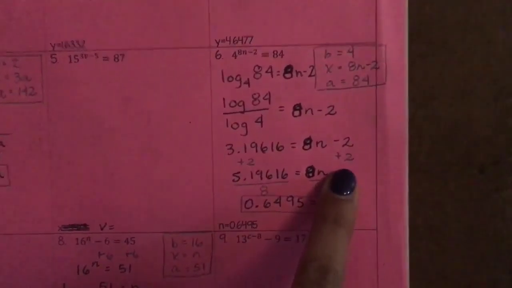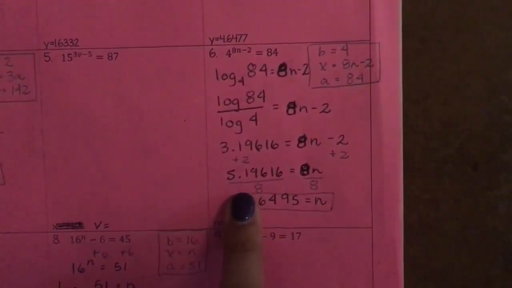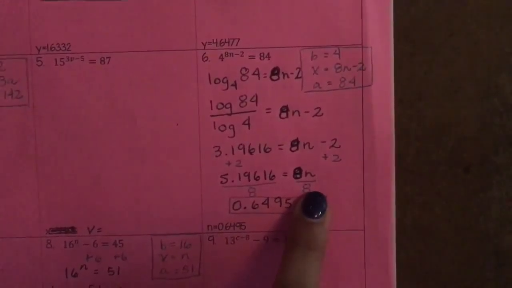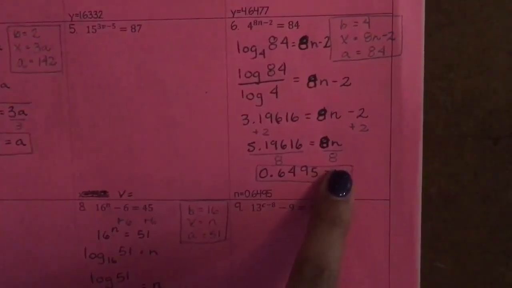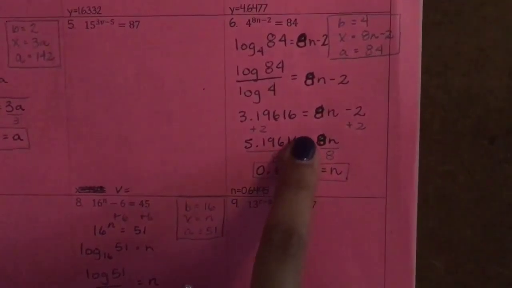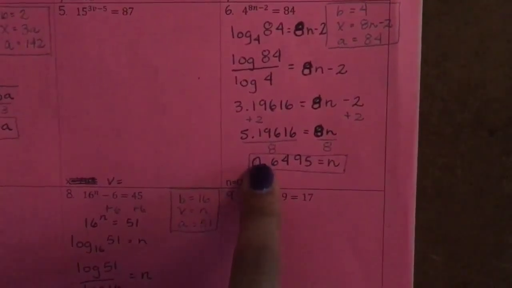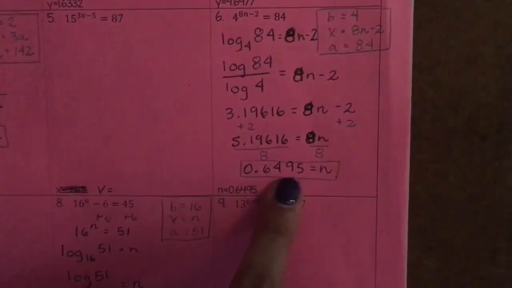Our first step is to add 2 to both sides, giving 5.19616 on the left and leaving 8n on the right. Finally, to isolate n once and for all, we must remove this coefficient of 8 by dividing by 8 on both sides. This gives us n equals 0.6495.